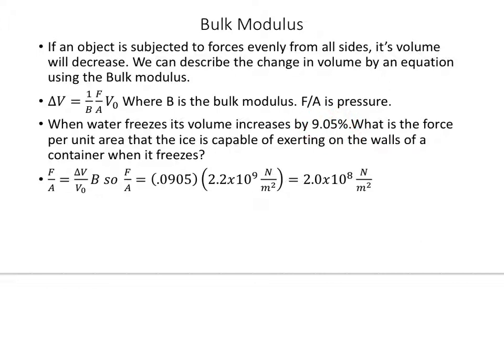So that's this ratio, delta V divided by V0, and of course we've got to put that in decimal form, so it's 0.0905, and then B is the bulk modulus, 2.2 times 10 to the 9th newtons per square meter. That's for water. And we calculate that the pressure, or the force per unit area, is huge, 2 times 10 to the 8th newtons per square meter.